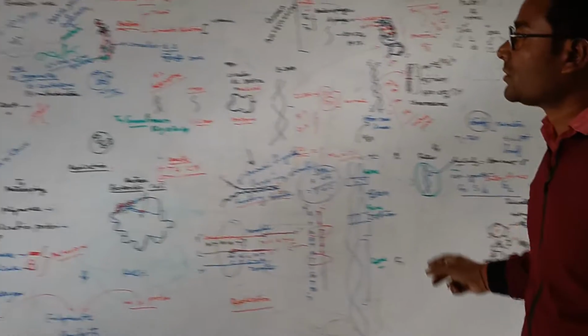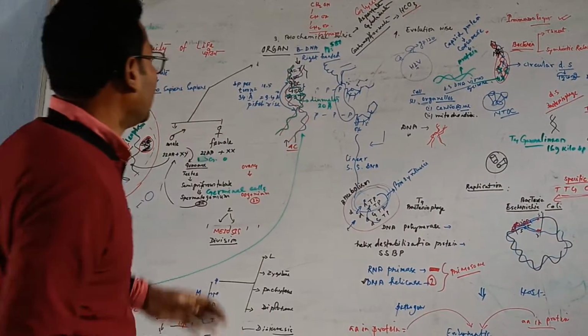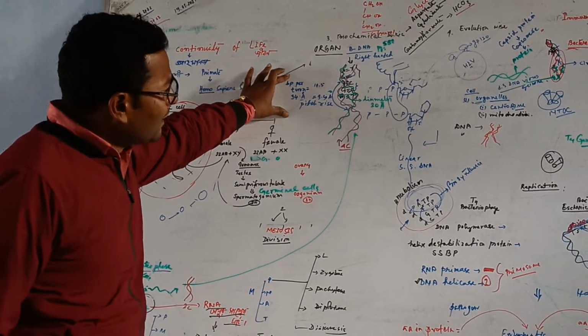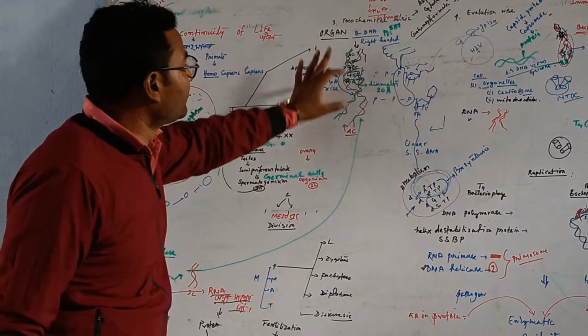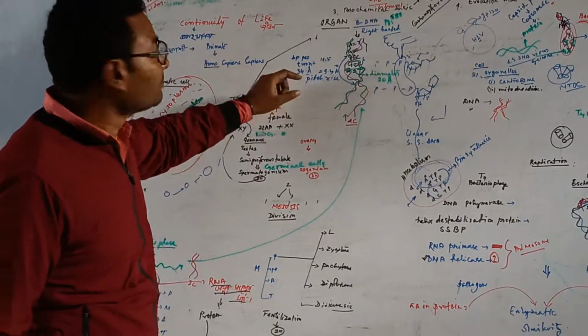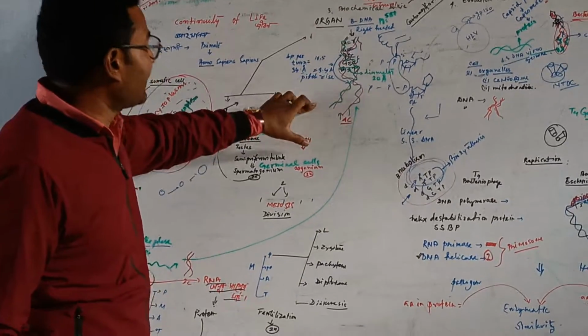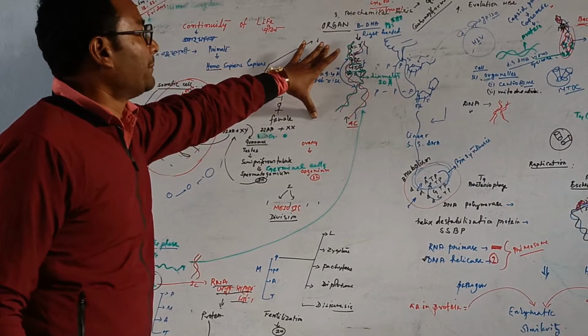We used the example of the human genome. There are more than 60,000 genes within these whole 46 chromosomes. But for our understanding of how it divides, we have taken a small part of B-DNA.